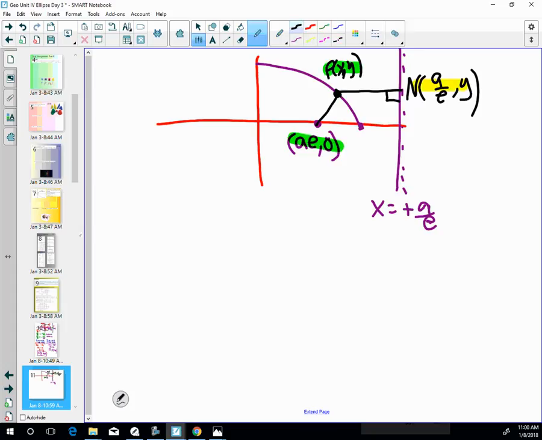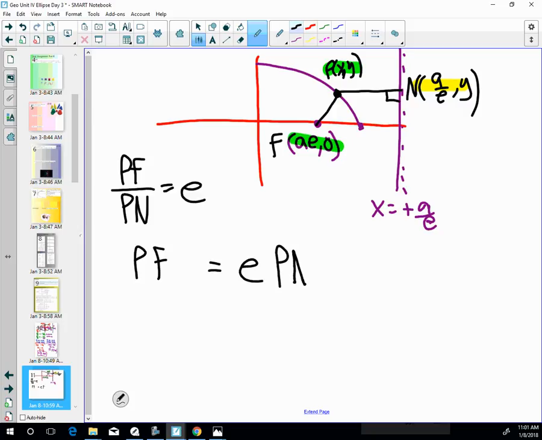And remember that PF over PN, this is F, what's that equal to? E. So PF is equal to E times PN.